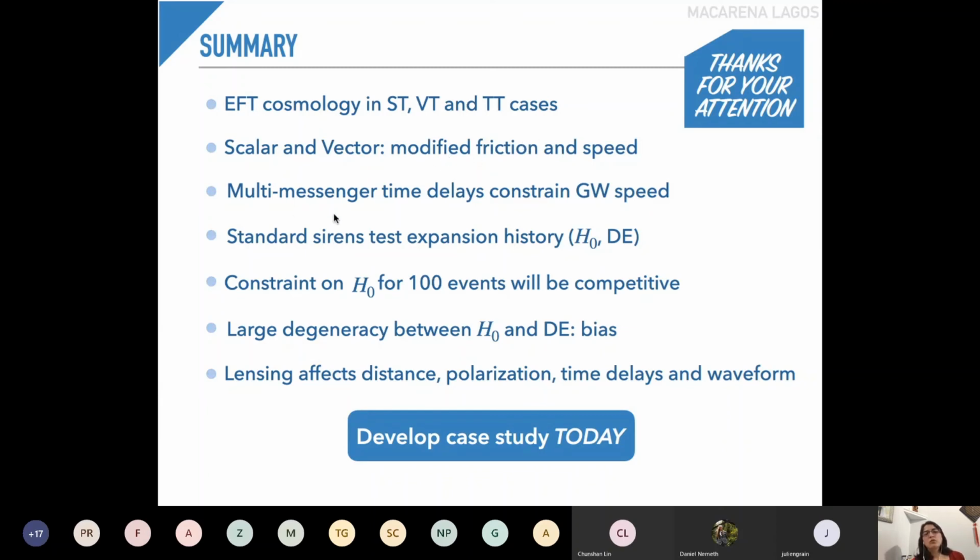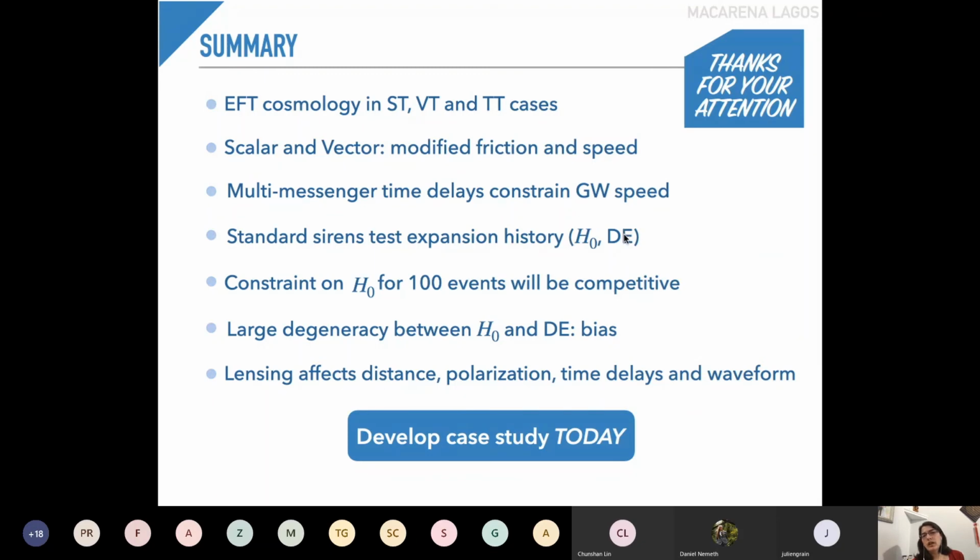I mentioned that with multi-messengers, so with gravitational and electromagnetic signals, you could measure pretty well, with just one single event, looking at time delays, the gravitational wave speed. With these same multi-messenger events, you can test also the expansion history of the universe. I mentioned the case of the constraint on H0 for these low redshift sources of LIGO.